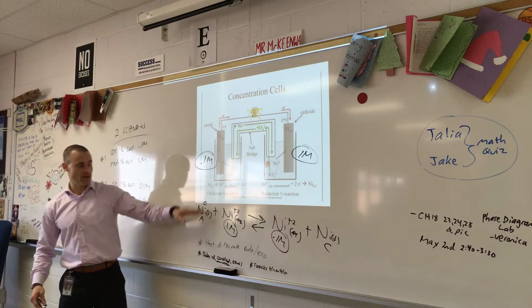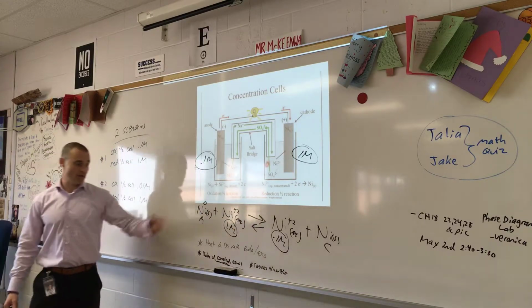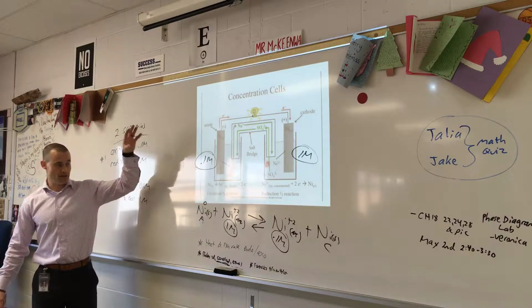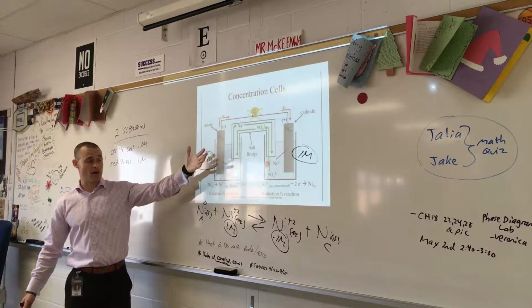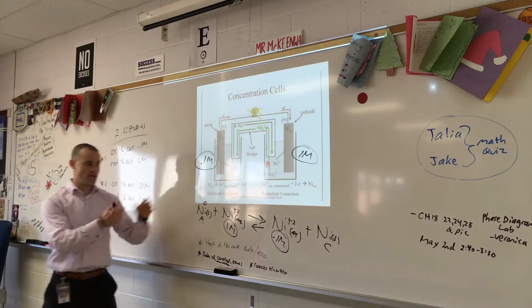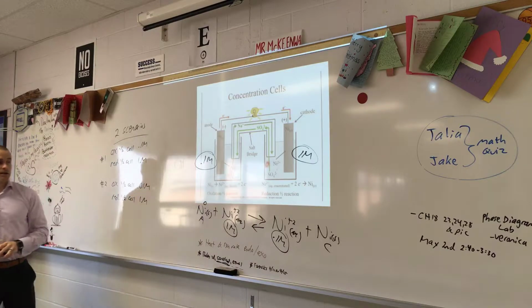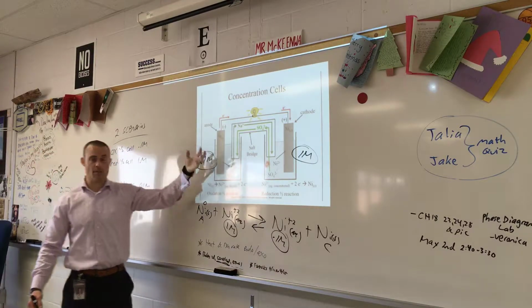If it was different elements, and I'm going to do a problem with different elements, but I started with the harder one. If it's the same element, you really got to think about what's going on in the cell. So obviously I can teach you and show you and give you some tricks, but when you're given a problem like this, you really need to analyze and think about what's happening.